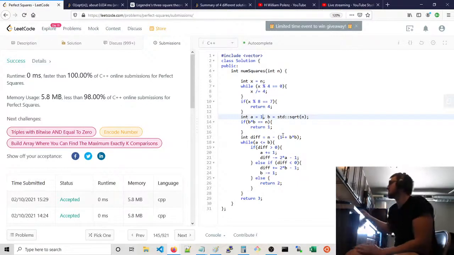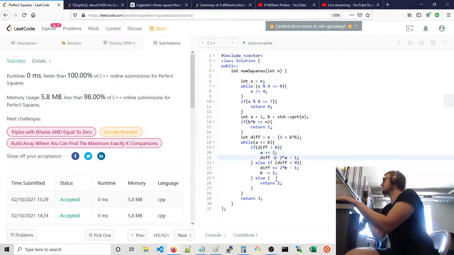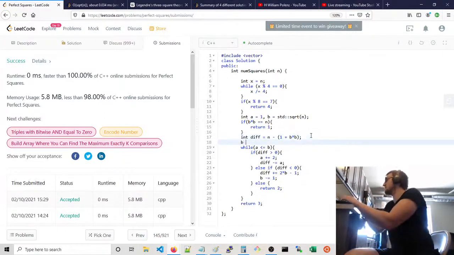You could even do it this way instead: you can actually just make A the odd number and then subtract by A, right? And then same thing over here. B is, I guess, that odd number.